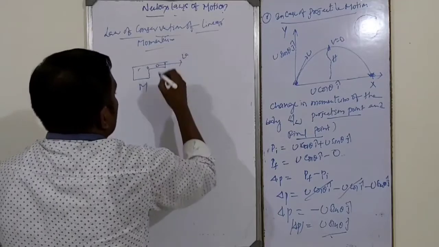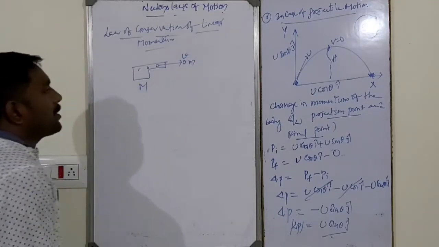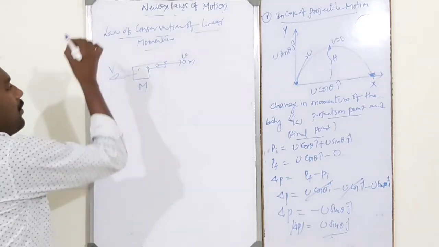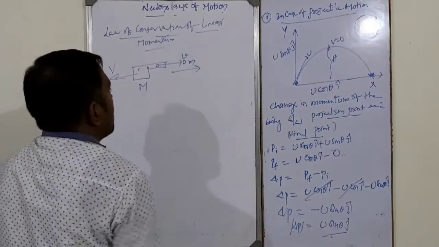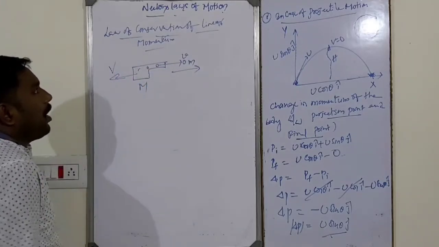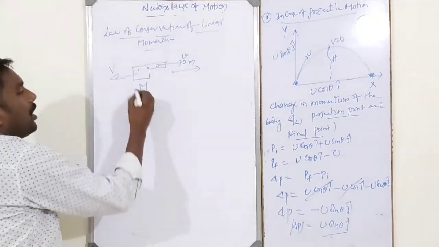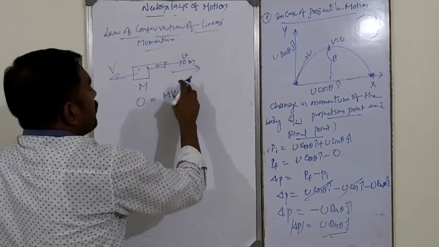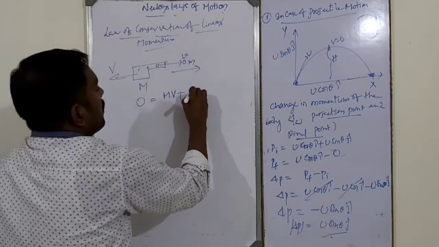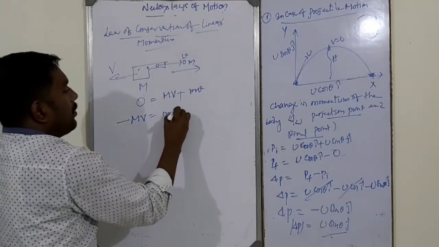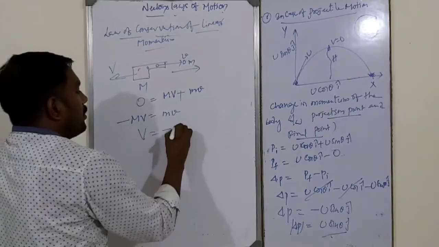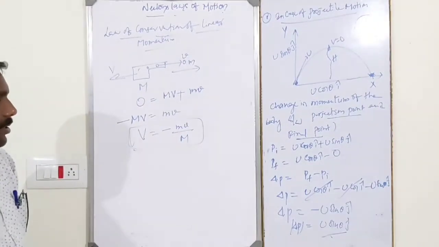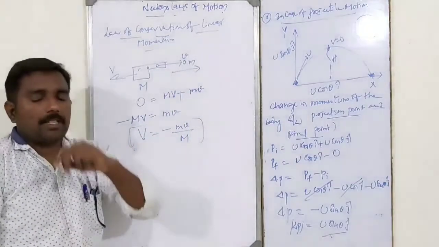Whenever the gun fires, the gun moves backward and the bullet moves forward. Initially the gun is at rest. After firing, the gun moves backward with momentum MV plus the bullet moving forward with momentum mv, so MV minus mv is equal to 0. The recoil velocity of the gun is mv by capital M. The negative sign indicates the direction of the gun is opposite to the direction of the velocity of the bullet.